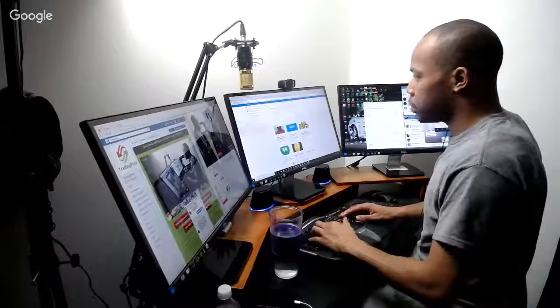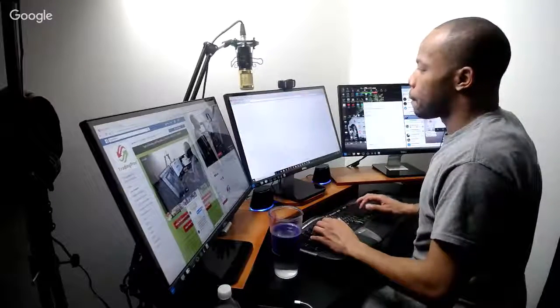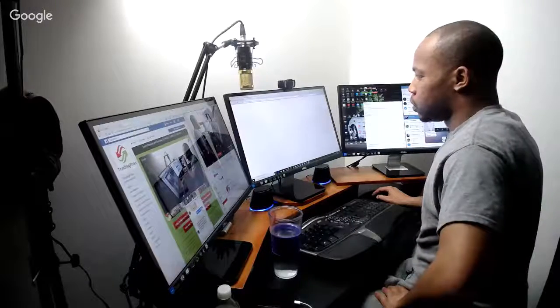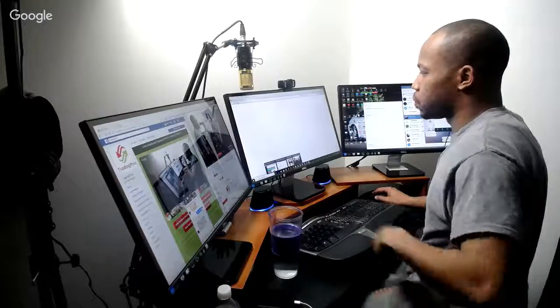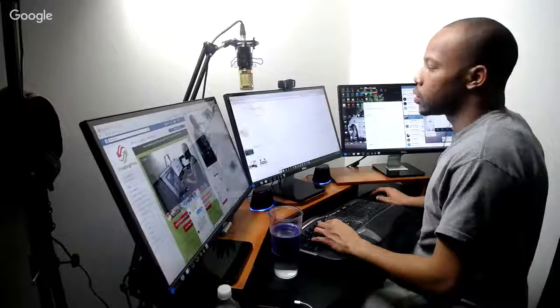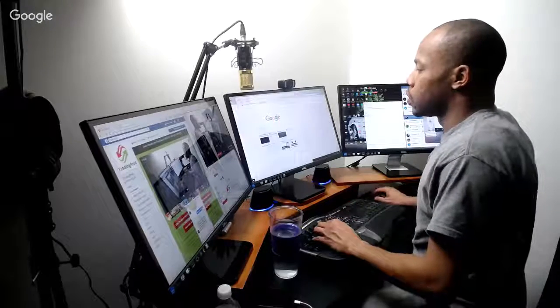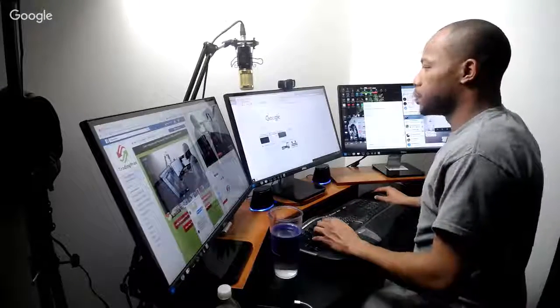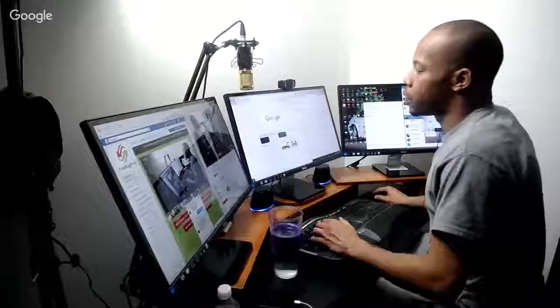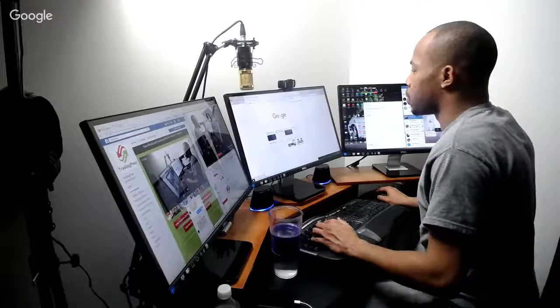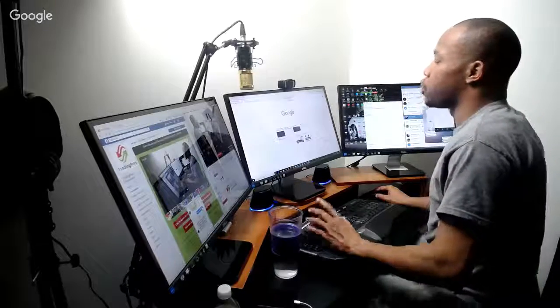Let's try and come on. Let's try it on a different browser. All the brokers will tell you what their leverage amounts are. Leverage is based on a couple things. It's based on what your balance is.